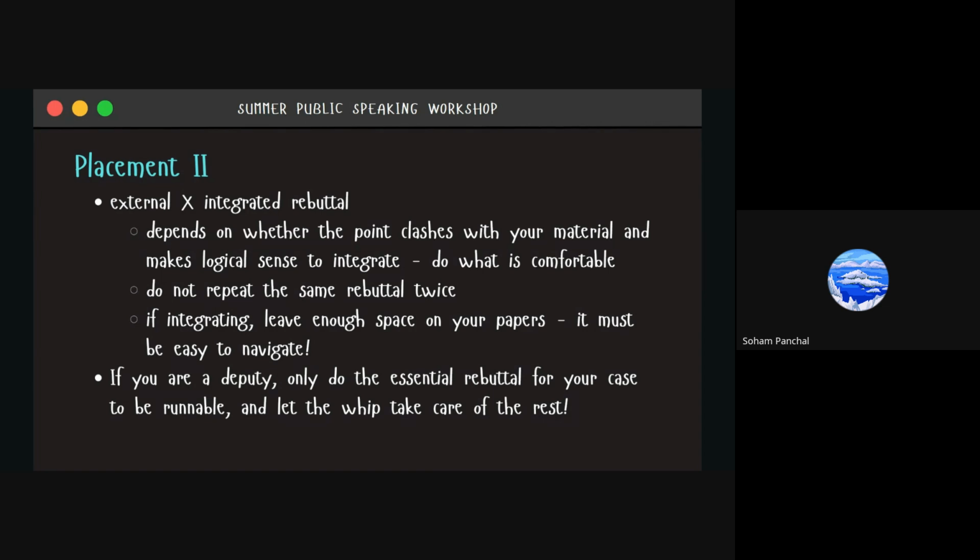So if that is the argument of the opposition, and now you are the government, then you have to take that down. Now, if your speech is structured like that, first you have to go on to analyze the viewpoint of animals.